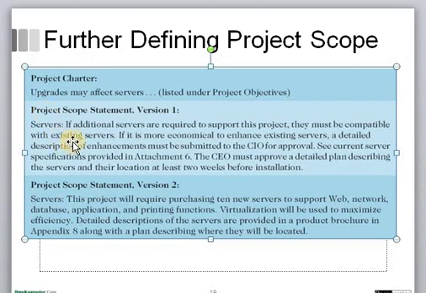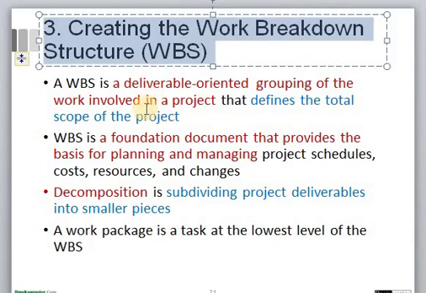So we can design the two versions of the project scope statement, version 1 and version 2, under these sections.